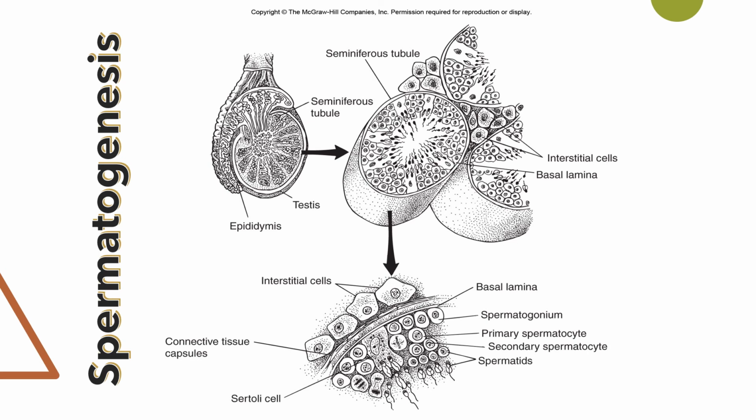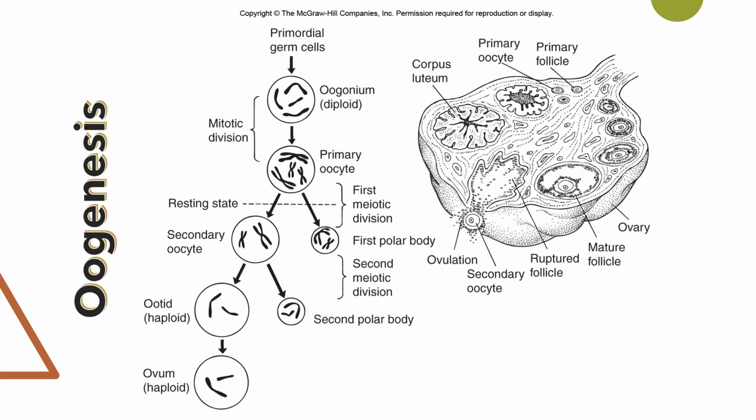So these are just images for you to check about spermatogenesis, how they look like, in arrangement of the basal lamina, how the spermatogonia and spermatid look like. And this is for oogenesis. So this is how the different polar bodies are being produced and how a follicle looks like.